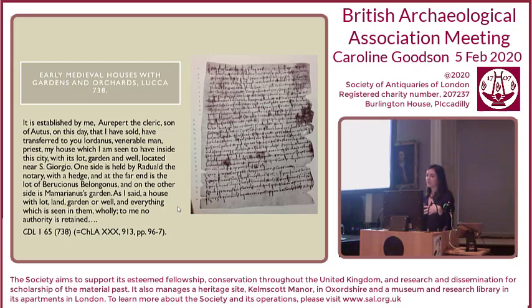On one side of the property is the land of Raduald the notary, bounded with a hedge, and at the far end is a lot of Berruciones Berlongones, and on the other side is Memoranius's garden. As I said, a house with a lot, land, garden or well, and everything which is seen in them, wholly to me, no authority is retained.